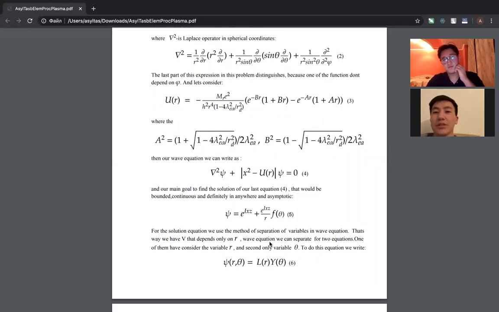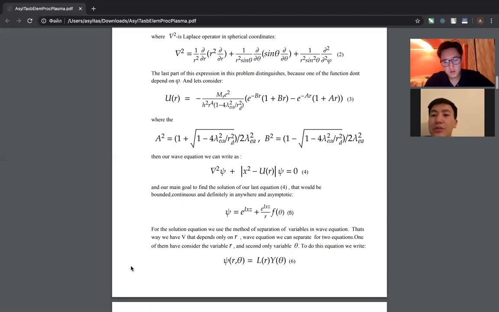The coefficients A and B are taken like this. For the solution of the equation, we use the method of separation of variables in the wave function, so we have V that depends only on R. The wave equation can be separated into two equations, one of them with the variable R, and the second only with the variable theta.